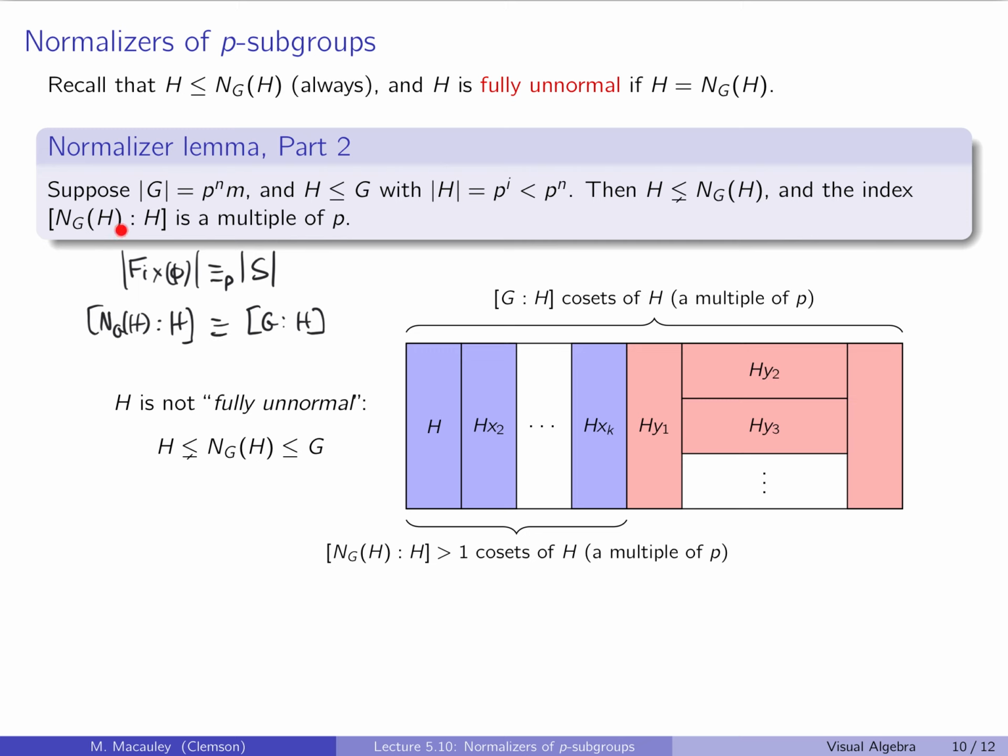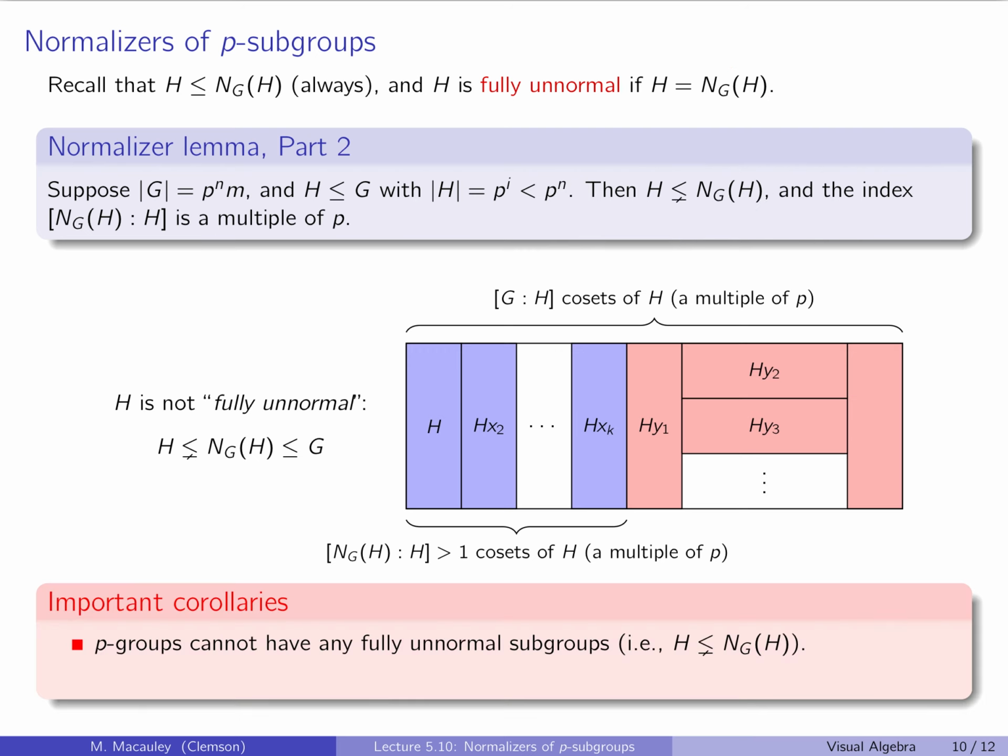This is a multiple of p, and what that means is this is 0 mod p. In particular, if we show one of these is 0 mod p, we know the other one is. That means this is going to follow right away, because what's the only way that a subgroup can be self-normal? Well, that happens precisely if the index of H in the normalizer is equal to 1. And if we can show that that is 0 mod p, then that completely eliminates this possibility.